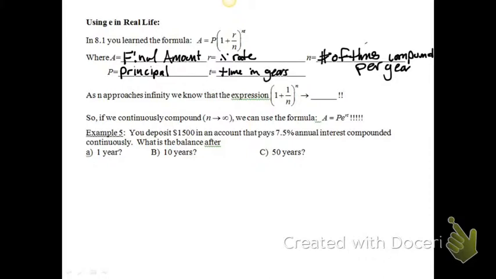Now, one thing that happens that's kind of interesting is you can compound more and more per year, and you can actually compound continuously, or just infinitely many times.